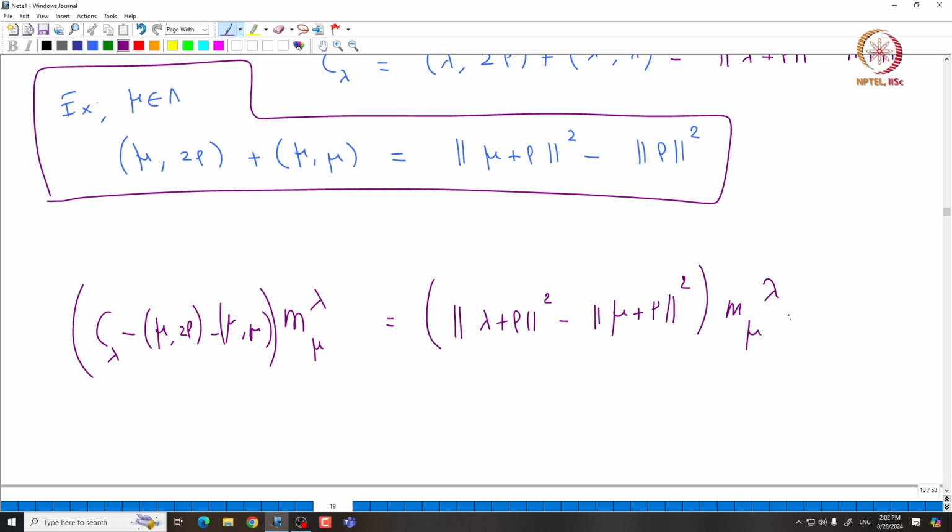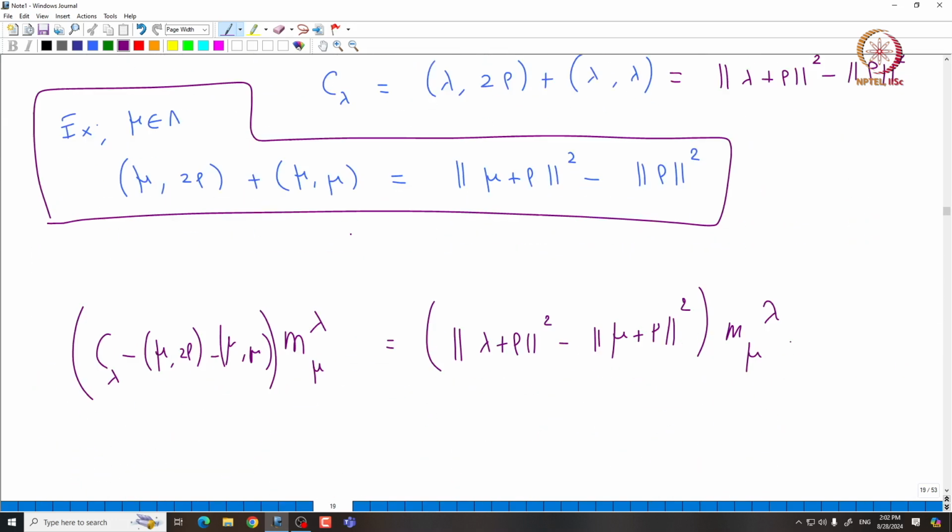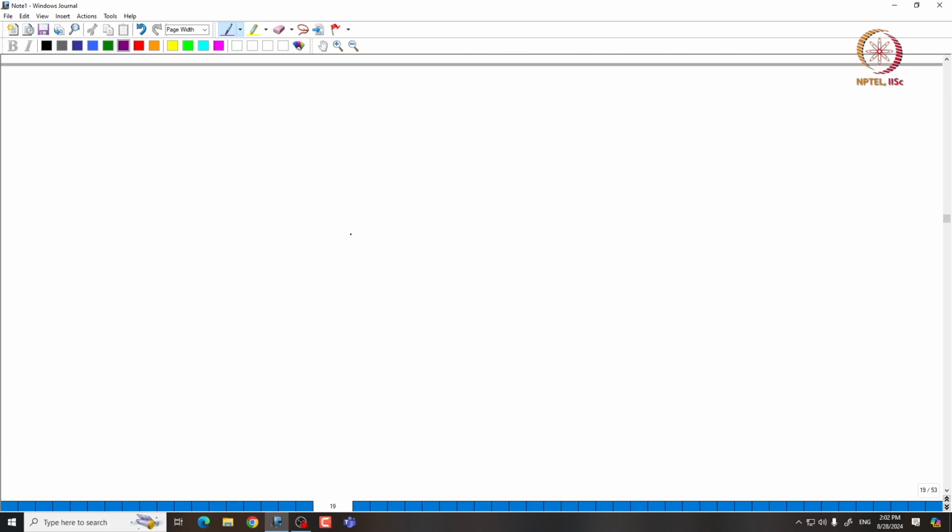So, this will be on the left hand side, and the right hand side as it is: twice summation alpha in delta plus, summation i, the multiplicity of mu plus i alpha times (mu plus i alpha, alpha). Putting them together we get the Freudenthal formula.